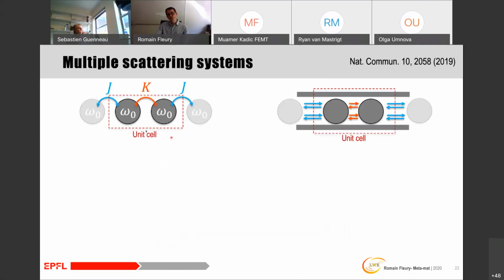So we have seen how to build one-dimensional topological insulators out of coupled resonators. But more often, in the field of metamaterials or photonic crystals, we have situations with multiple scattering. We have a medium that supports wave propagation, and this wave scatters multiply on different scatterers, whether they are resonant for metamaterials or non-resonant for photonic crystals.